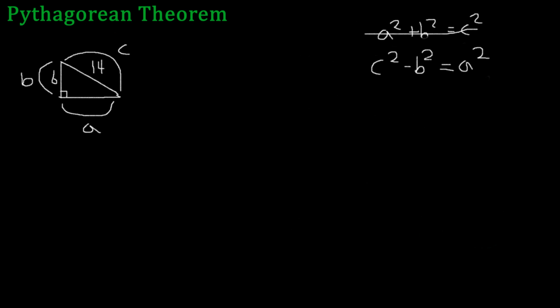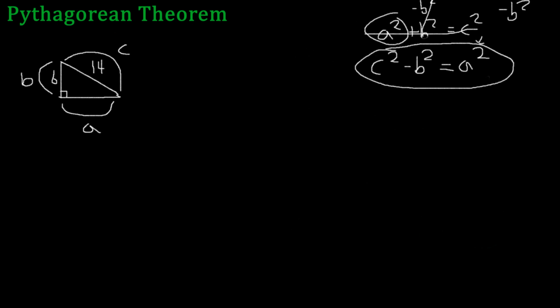You can basically see this as you're doing a normal equation, because if you subtract b squared on both sides, cancel that out, you only get a squared, and then you get c squared minus b squared, which is the new equation. And b squared and a squared can be substituted out either or. The sides, b and a, don't matter, but the hypotenuse itself does.